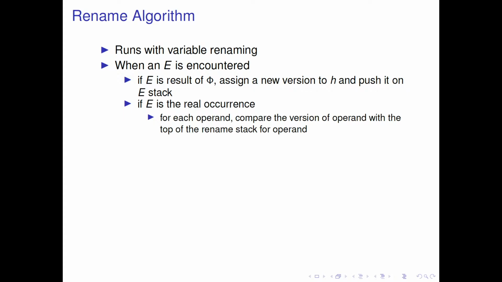So if the user has typed A star B, because you are renaming variables also, or for simplicity you assume all variables have been renamed, you will have A star B converted into A5 times B7, something like that. So you compare A5 with the current top of the version stack for the operand. If they are the same, that means there has not been any change.